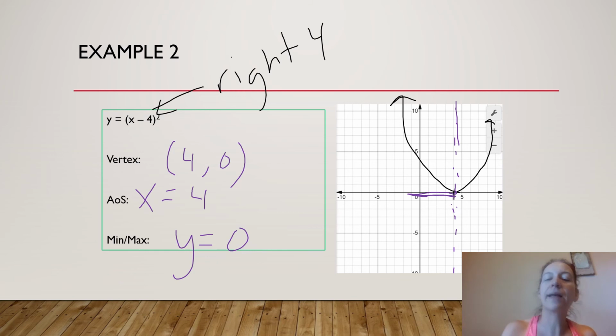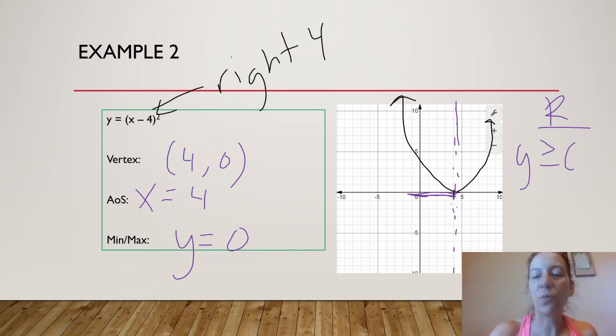And it is the lowest place. So in this case, it is a minimum because it's the lowest place on the parabola. And just to reinforce that range is your y coordinates, because the parabola is going up, we would say the range is y is greater than or equal to 0. Okay? And the domain is all real numbers.